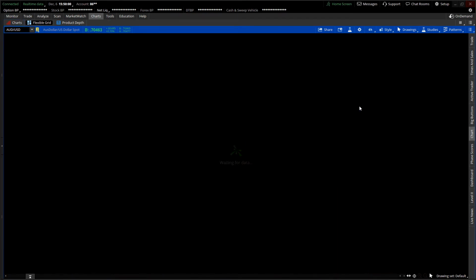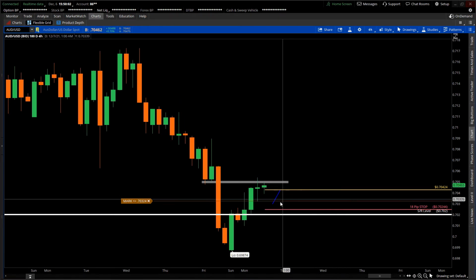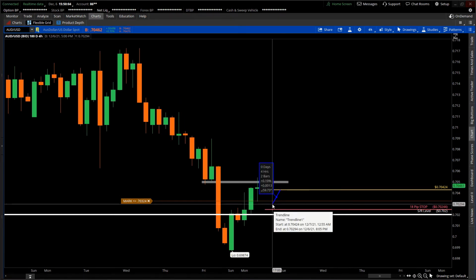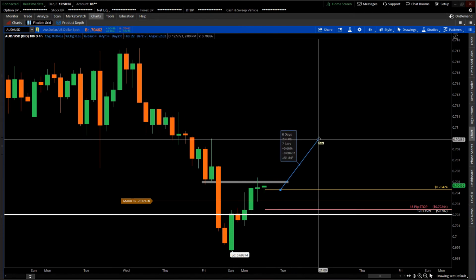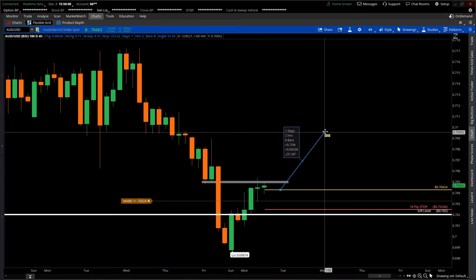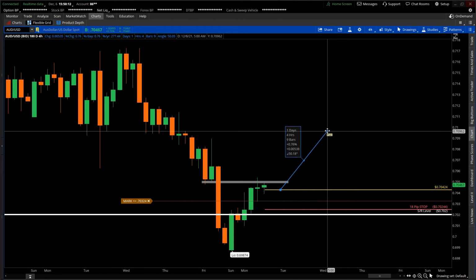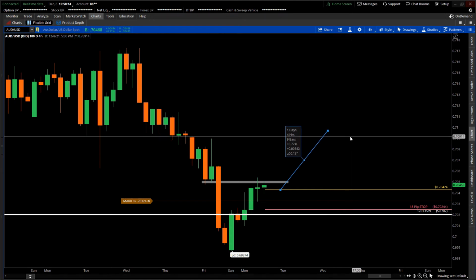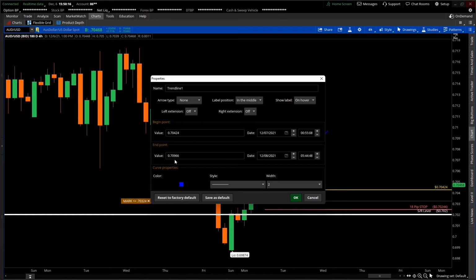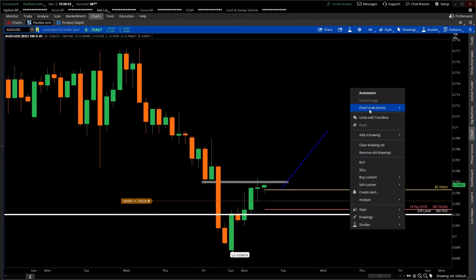So if I toggle over to the 4-hour time frame, a 54 pip move from my entry would be about right here. Just about right here. So that would be 0.70966.